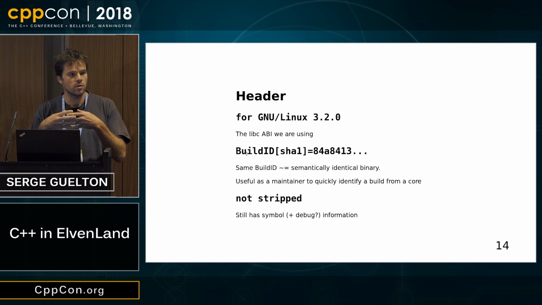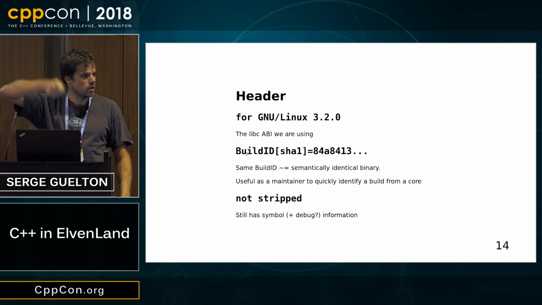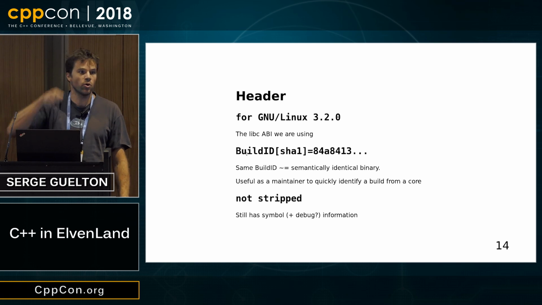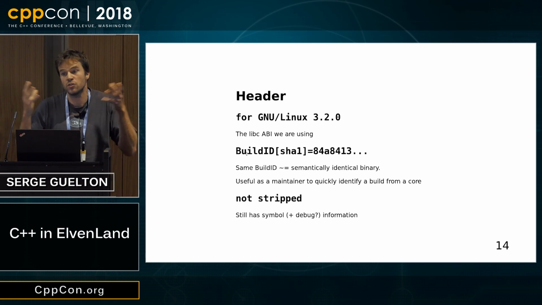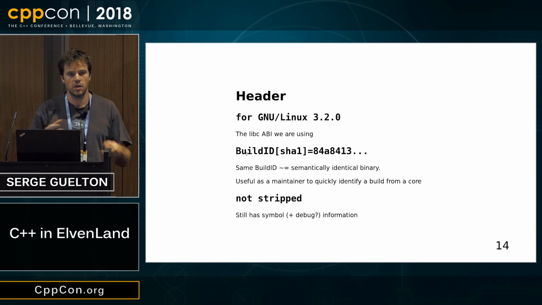For maintainers, say Red Hat maintainers, if you submit them a core file, they have this build ID, and they can just look it up in all the binaries they have produced and say, okay, this has been produced by this binary. So it's just an identifier for your binary. It's easier to upload these identifiers than the whole binary.